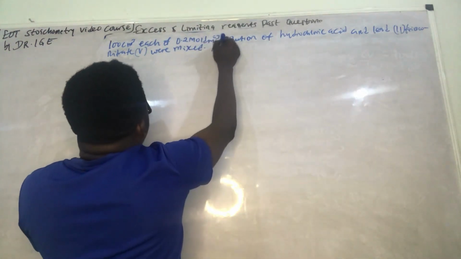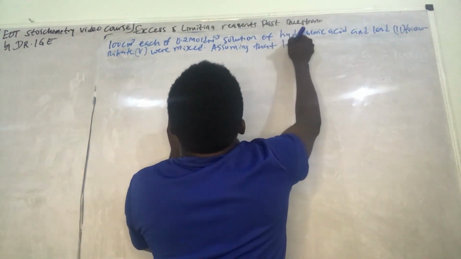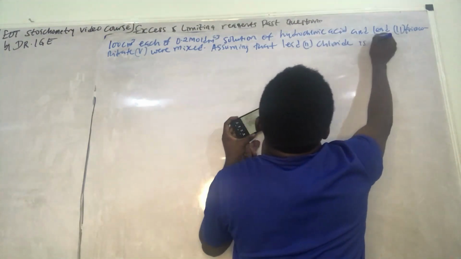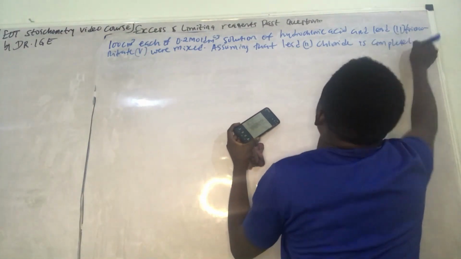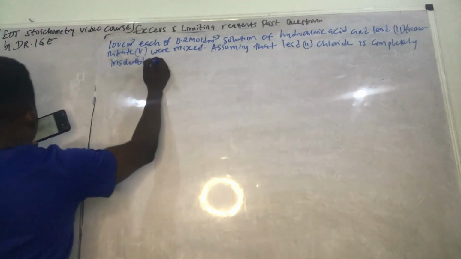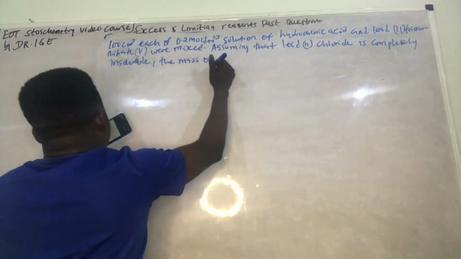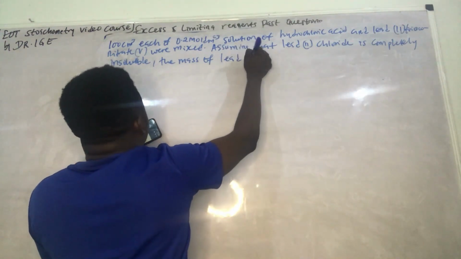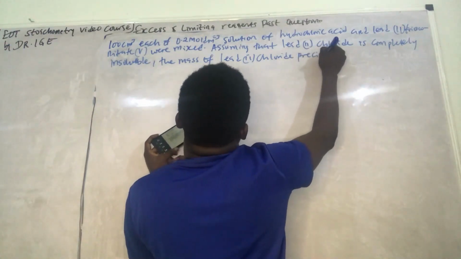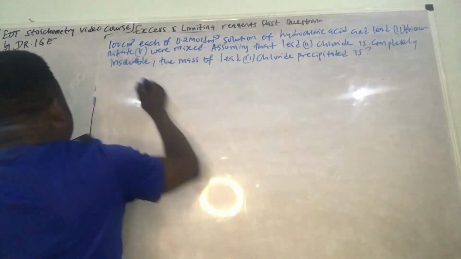Assuming that lead(II) chloride is completely insoluble, the mass of lead(II) chloride precipitated is... let me give you these values.